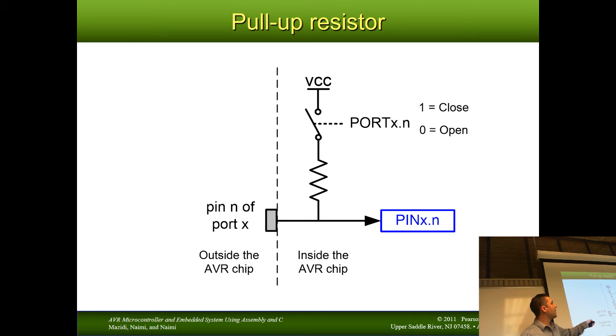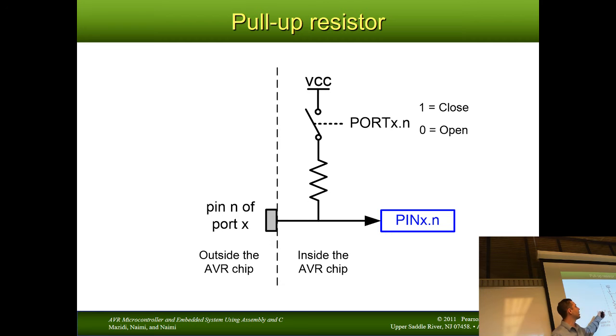Now there is a magical switch, in big quote marks, that will open and close depending on what you put in the port register. Now I said port is for outputting, but if we are using that pin as an input, and when I say pin, I mean physical piece of metal, then the port register really doesn't serve any purpose.